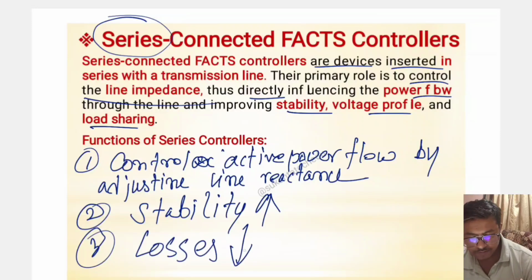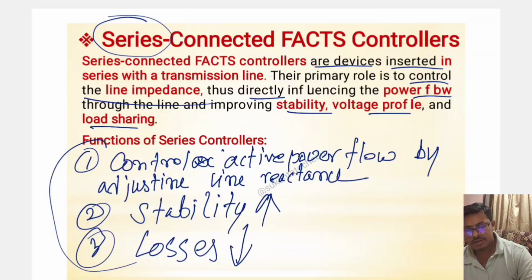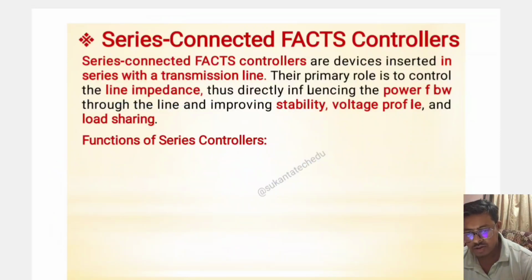So these are the functions of series connected controllers.